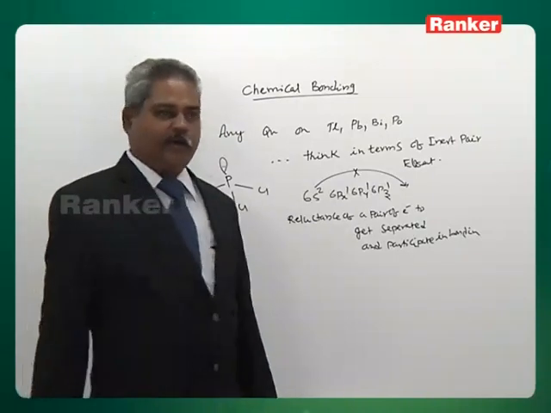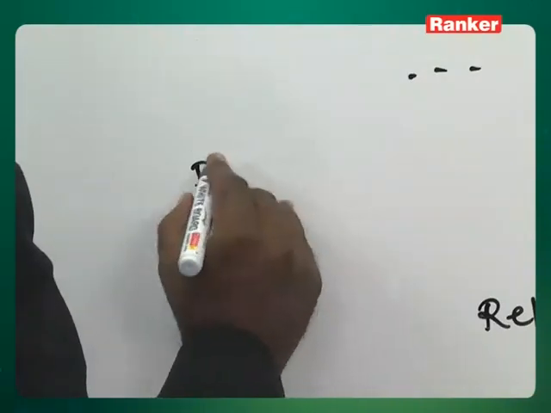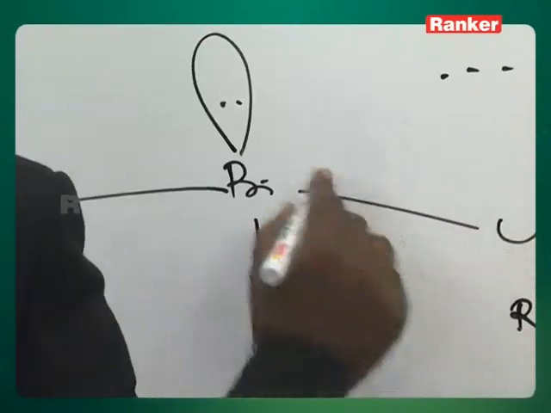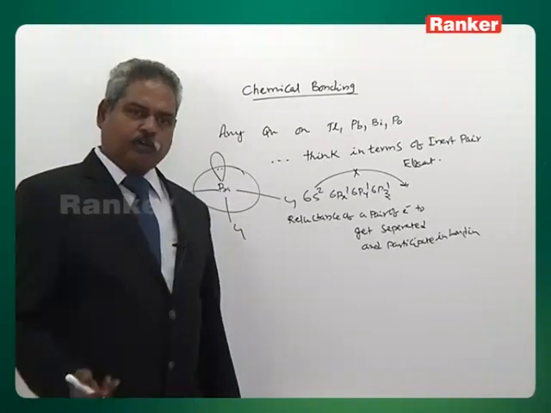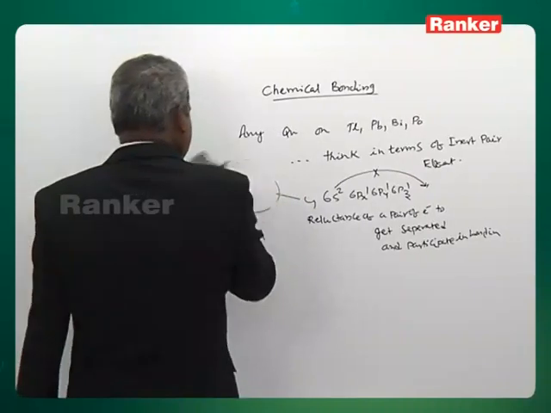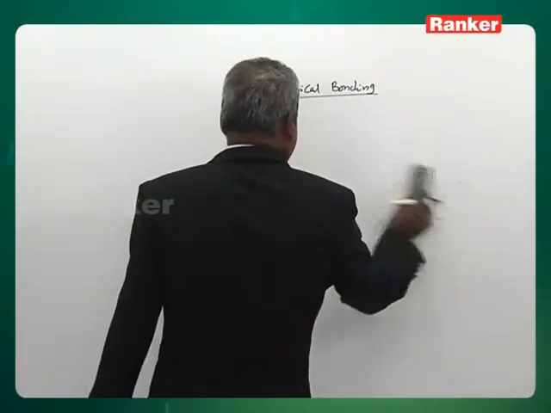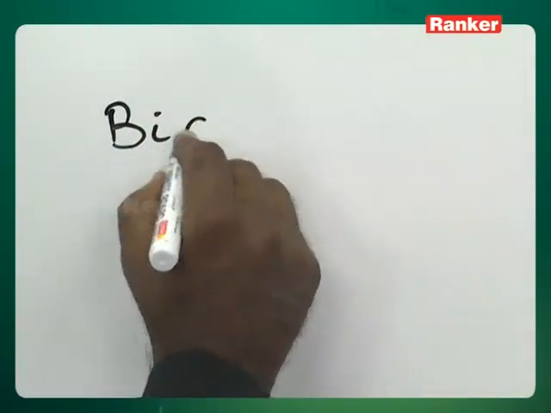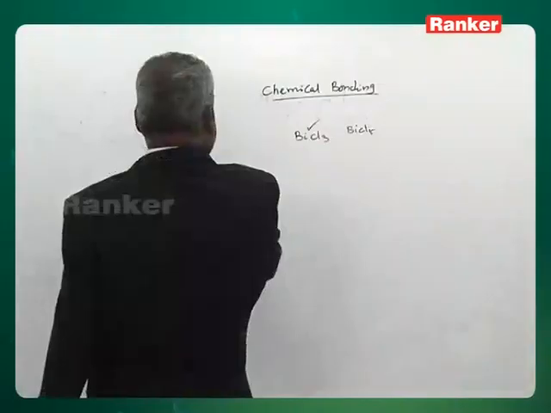But in a big atom, like in BiCl5, the lone pair can't create much impact on the bond pairs because it's a very big atom. Bismuth is very big. So they are not to be avoided. I said lone pairs have to be avoided, but here thallium, lead, bismuth, polonium, they prefer to form fewer bonds, and bismuth is between BiCl3 and BiCl5, BiCl3.